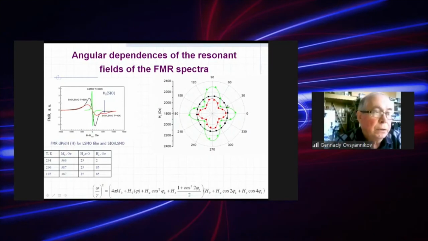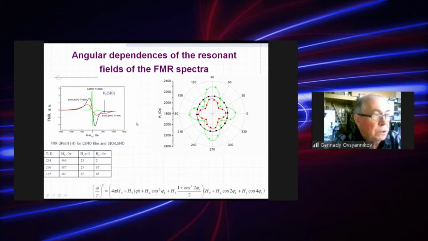Besides the cubic anisotropy typical for this material, we also have uniaxial anisotropy due to the influence of the substrate. We observe an increase of cubic anisotropy with temperature, while the uniaxial anisotropy does not change too much.